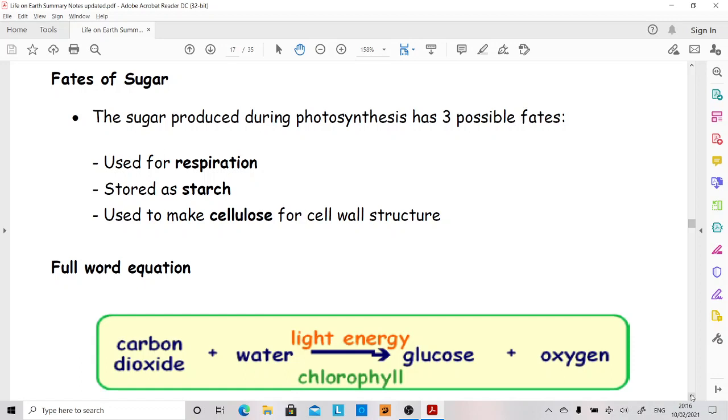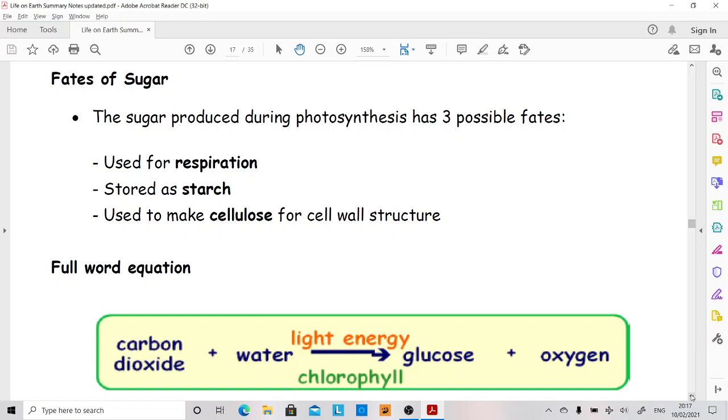So if we put all of that together to make an overall equation for photosynthesis, combining together the 2 stages, what we've got is carbon dioxide and water as the 2 raw materials. They will only combine together if we've got light energy and chlorophyll present.